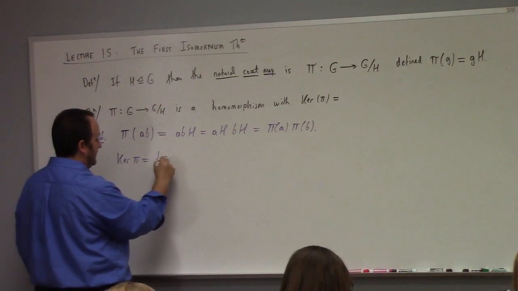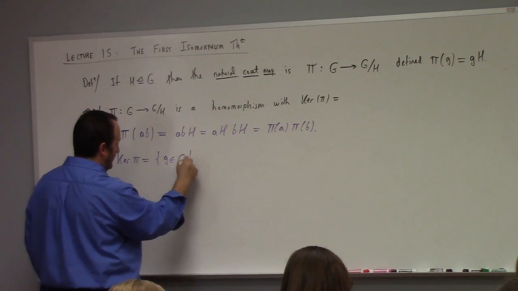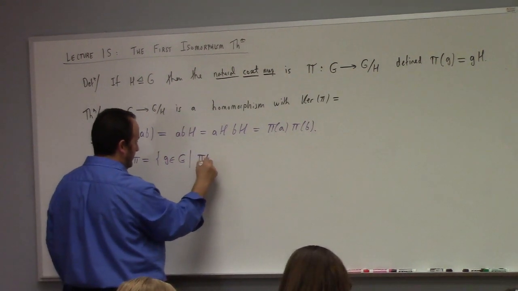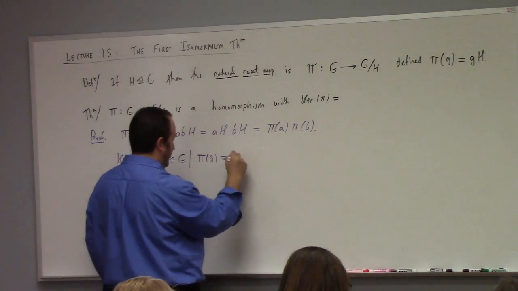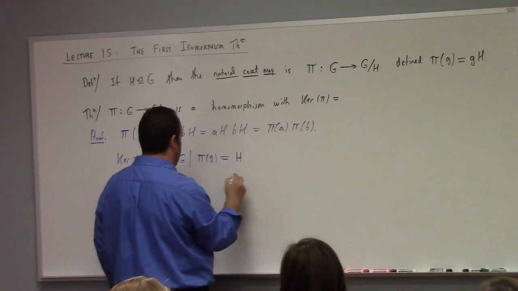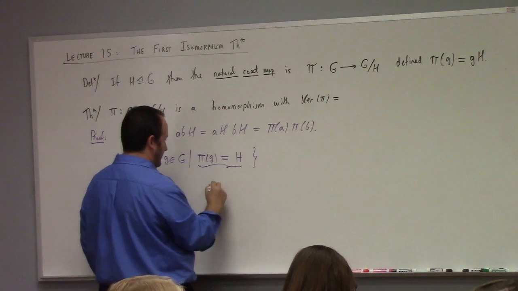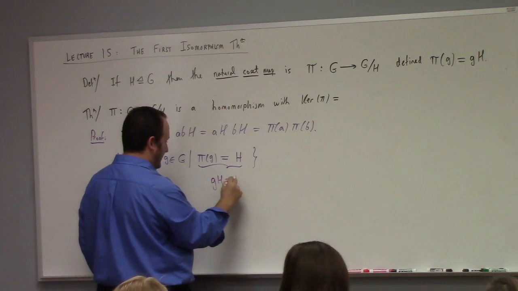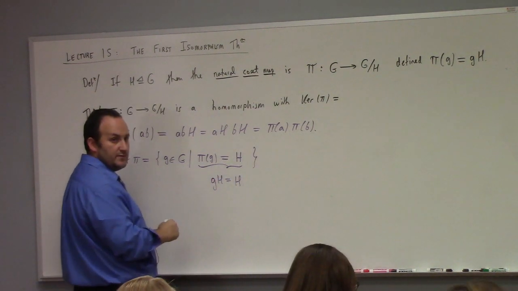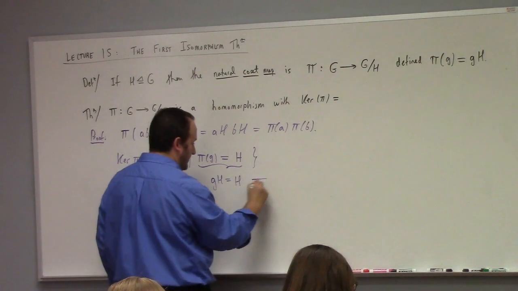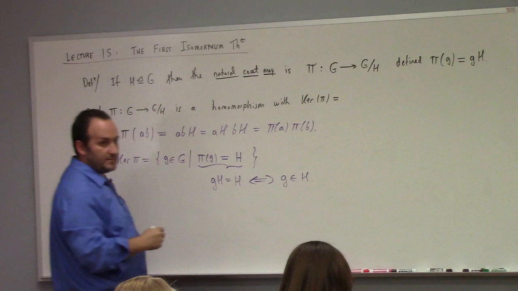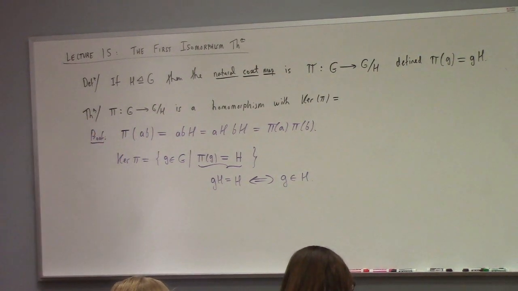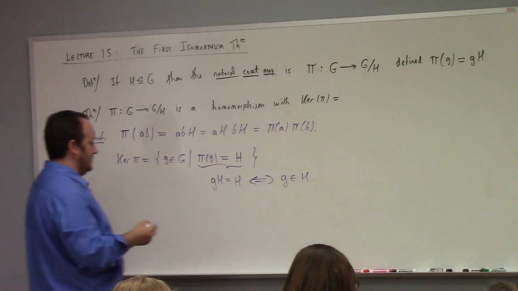Here we're looking for g in G such that π(g) equals what? H, right? This is just the condition that gH equals H, which is true if and only if g is an element of H, by our study of cosets. So in other words, this is precisely H.